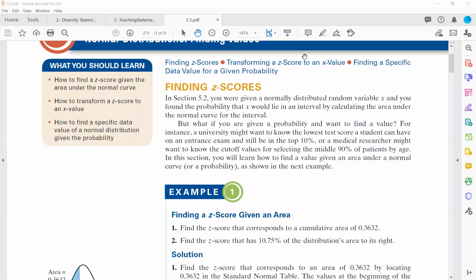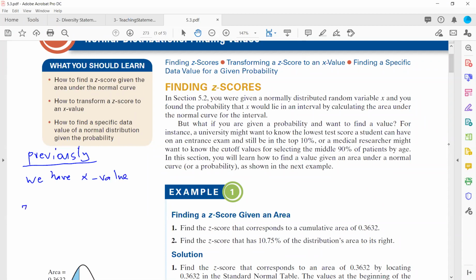Finding Z scores. So last time, in previous lectures, we had X value.